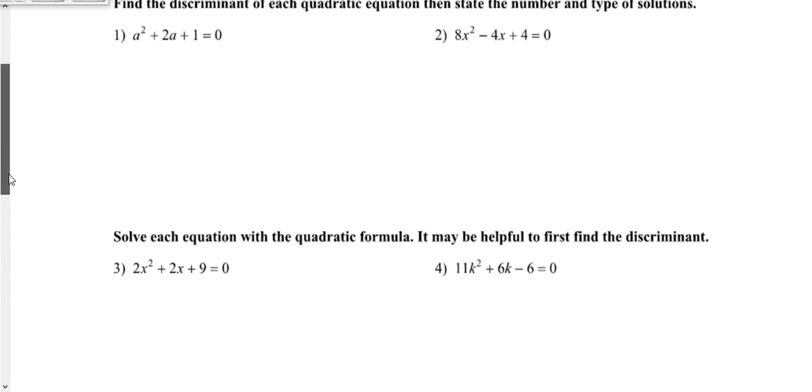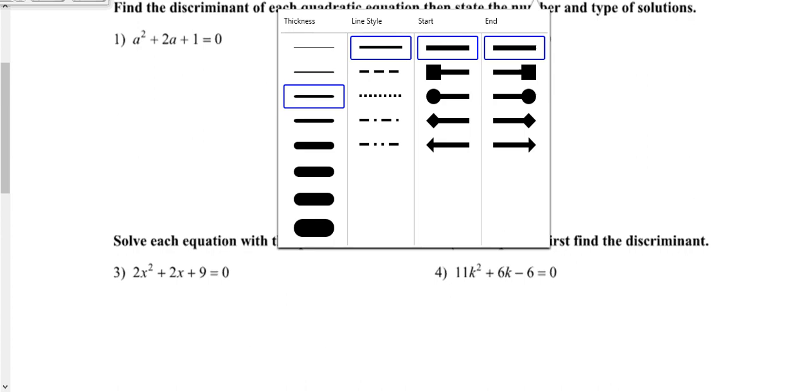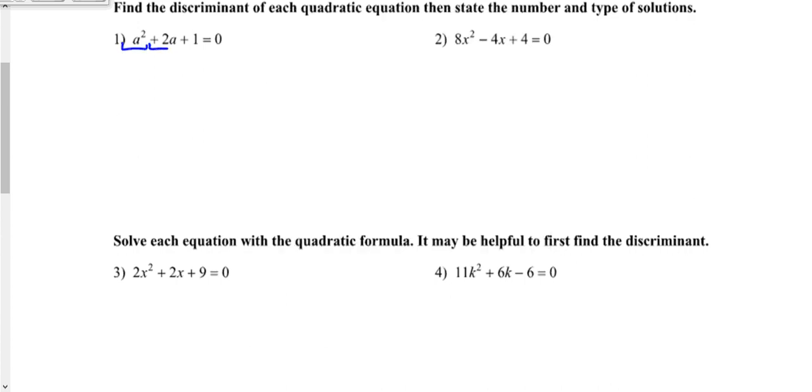Okay, so number 1. To find the discriminant, I first need to identify my a, b, and c values, and I'll do that just from looking at this equation. So there's where I get my a, there's where I get my b, and there's where I get my c value. My a value is just 1, my b value here is 2, and my c value is 1.